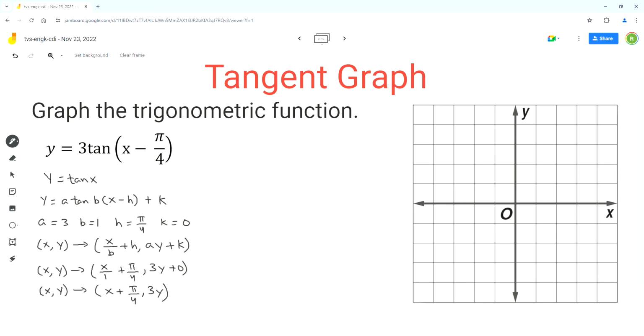Next, we should prepare a table of values for the parent function y equals tan x. This table of values will give us the x and y values we can use in the mapping rule or mapping formula.